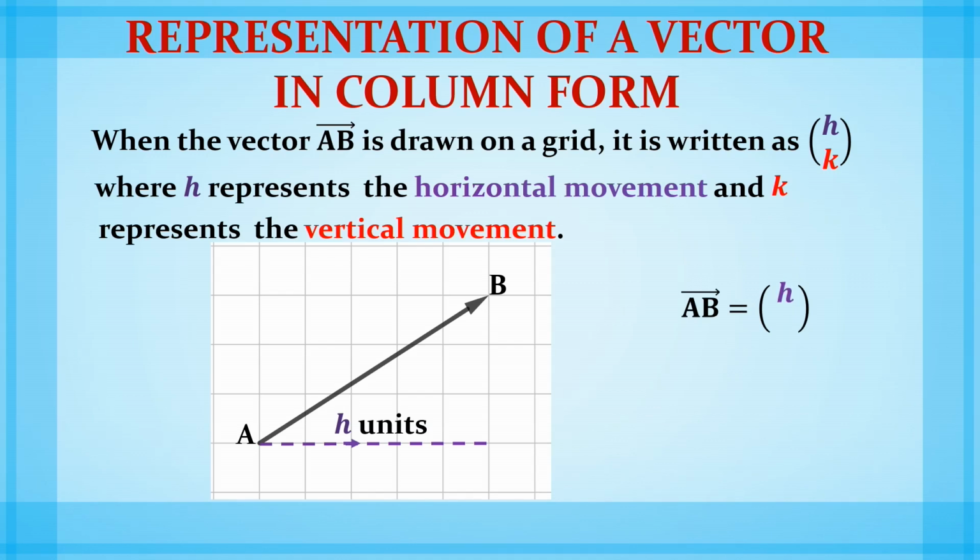Now we look at the vertical movement. Suppose it is k units. Therefore, the vertical component is k. Hence, we've represented the vector AB in column form.